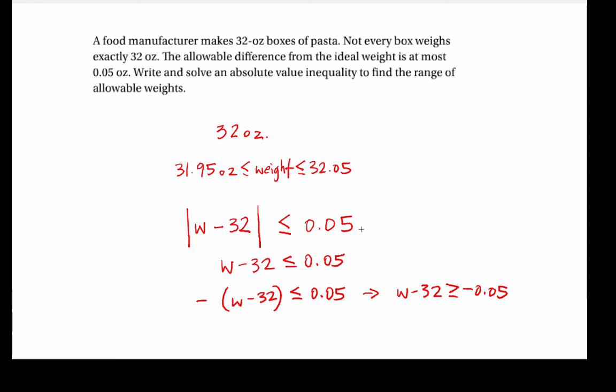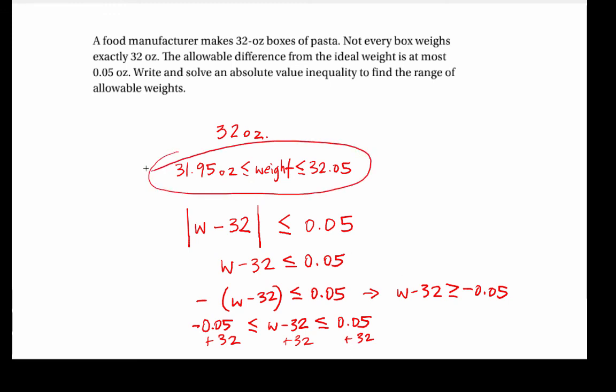So as a compound inequality, I could write W minus 32 in the middle, less than or equal to 0.05. And over here, W minus 32 is going to be greater than or equal to negative 0.05. And how would I solve this? Well, I would add 32 in 3 places. What is the result? Back here, this is what we talked about.